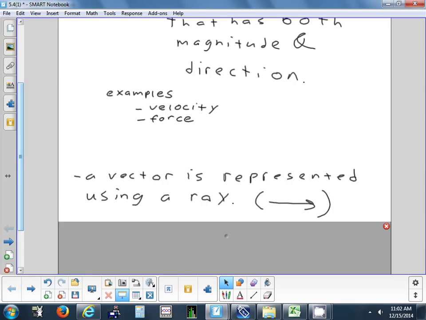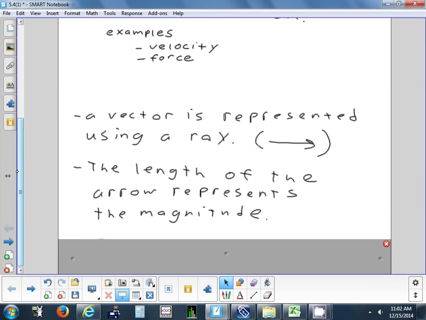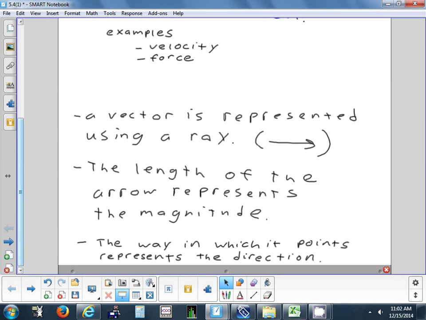The way we represent a vector is with an arrow or a ray. The length that you draw the arrow represents the magnitude, and the direction that the arrow points is your direction. We'll start off by drawing a lot of vectors visually.